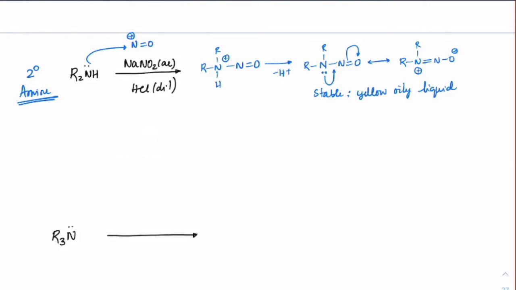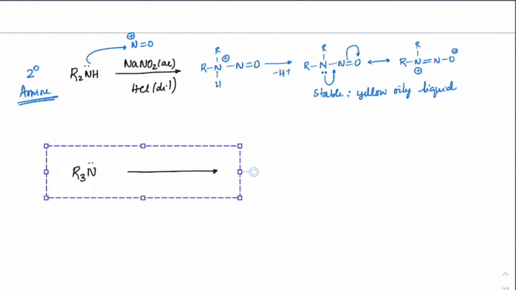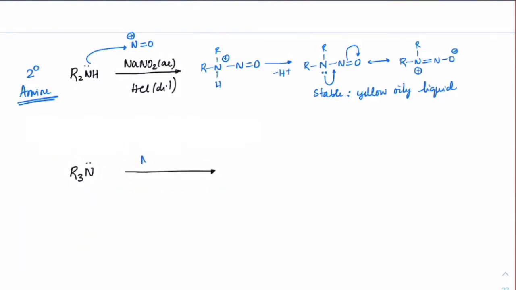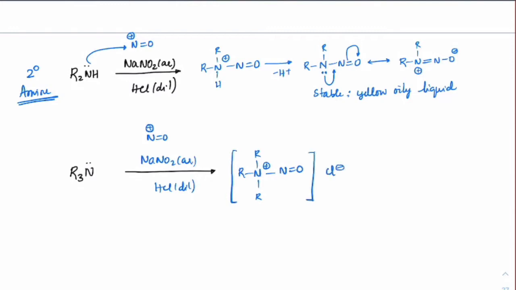if we check for a third degree amine. Okay. In case of a third degree amine, that is NaNO2 with dilute aqueous HCl. When we take this, we will get R3N+-N=O, because the electrophile which you are generating is N=O+, and we have Cl- in here.